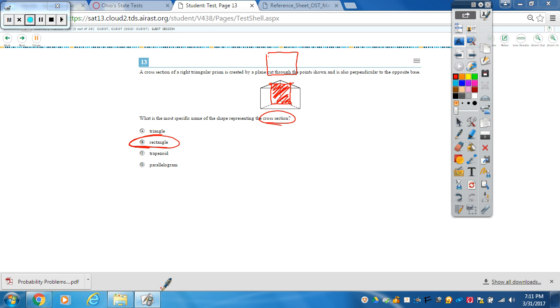If I were to take a triangular prism, a very poorly drawn triangular prism, all right, and I were to go ahead and make a cross-section of that, splitting it down vertically, and I were to open it up, what type of shape would be shown? It'd be a triangle, okay.